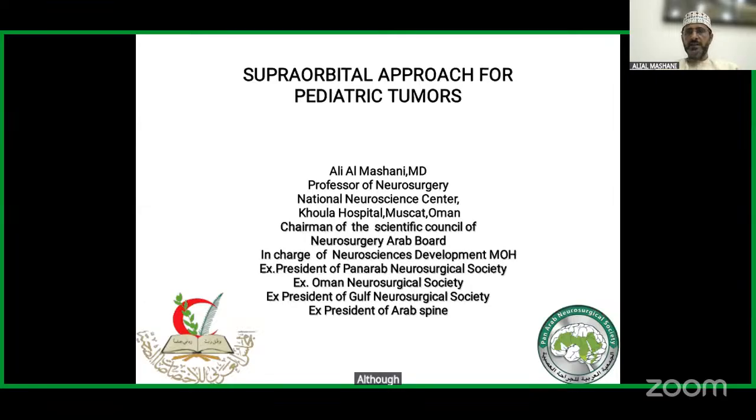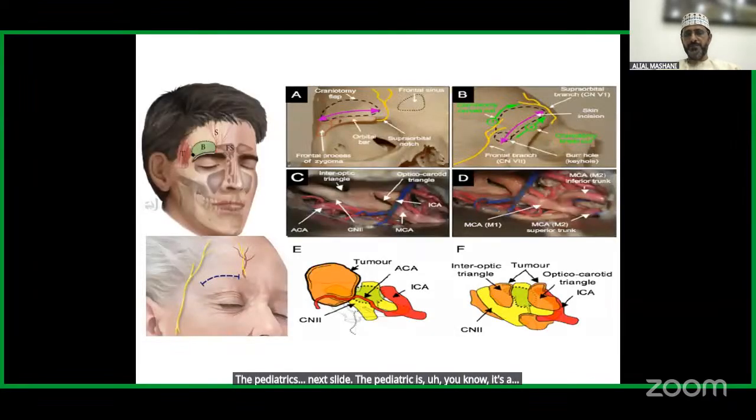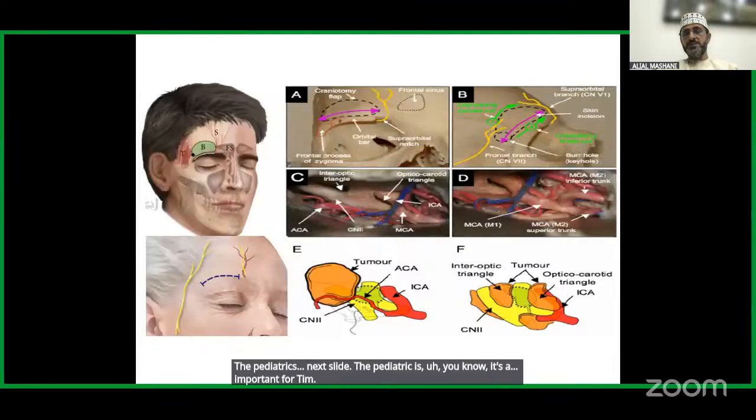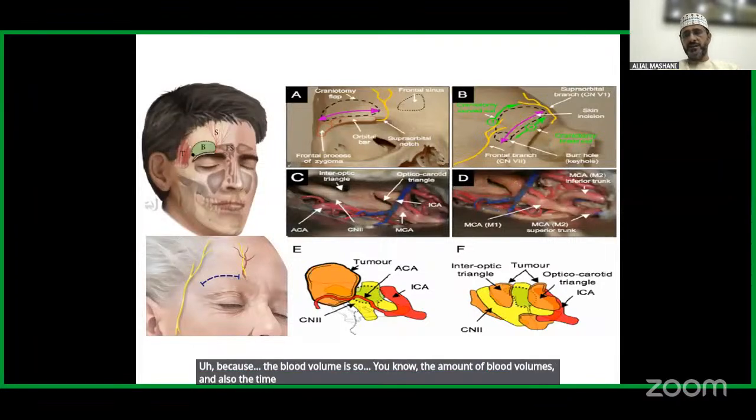Although I think this topic is very important because of pediatrics. The pediatric patient is important because the amount of blood volume is small, and also the healing process and the time it takes is different.